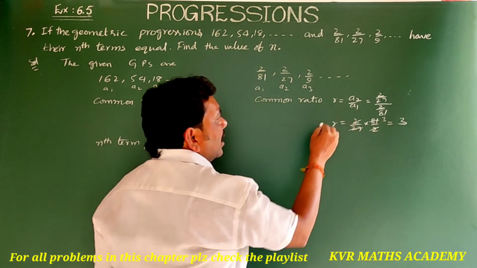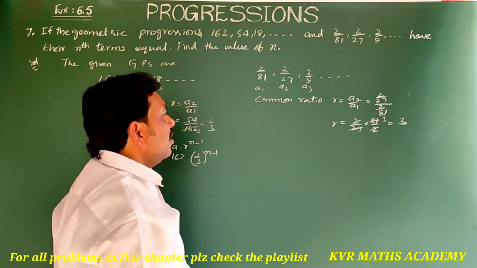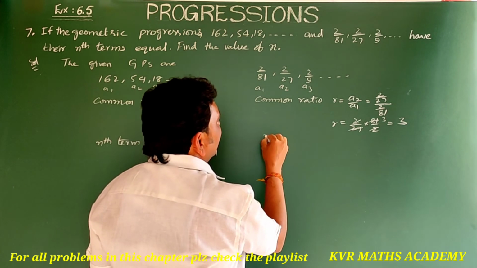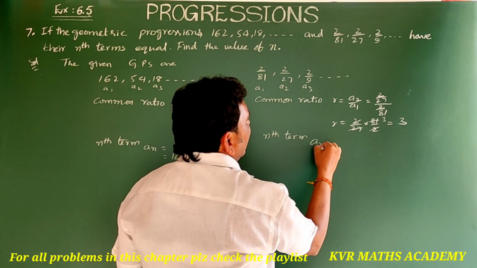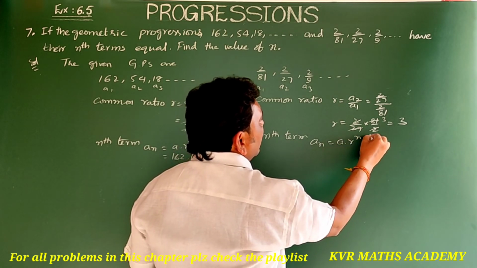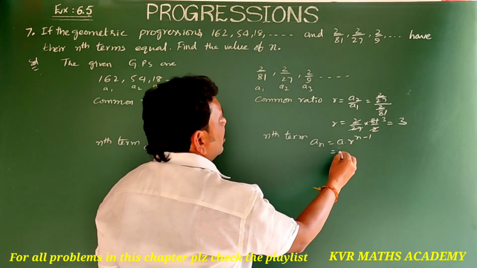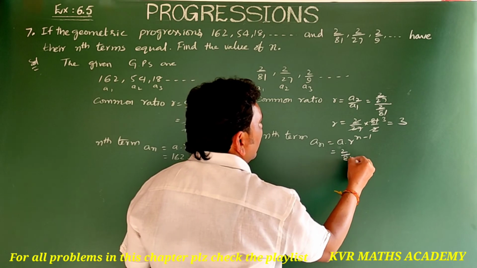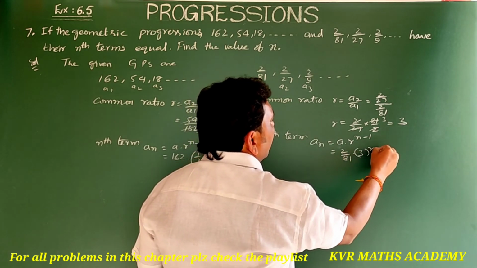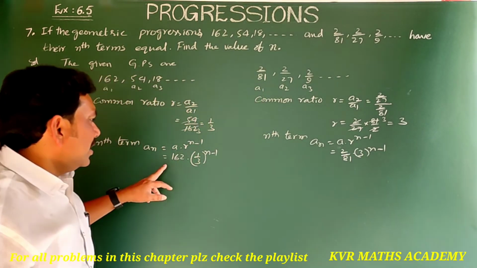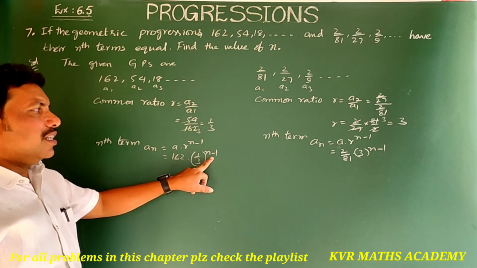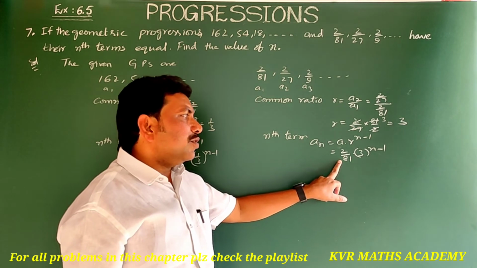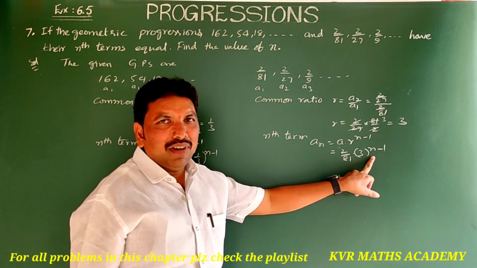So 3 is the common ratio. Now here, nth term an is equal to a into r power n minus 1 only. a is 2 by 81 into 3 power n minus 1. Here this an is 162 into 1 by 3 whole power n minus 1. Here nth term an is 2 by 81 into 3 power n minus 1.